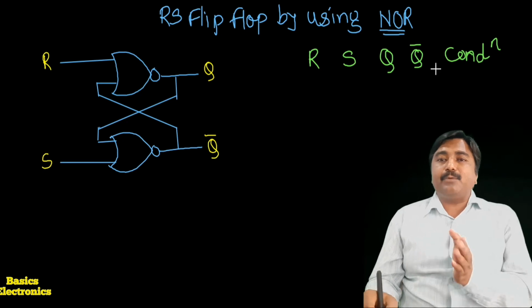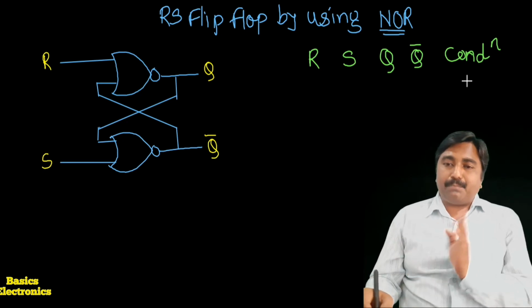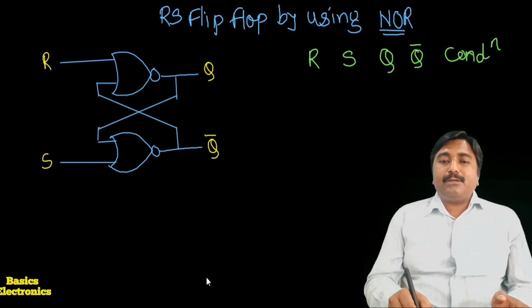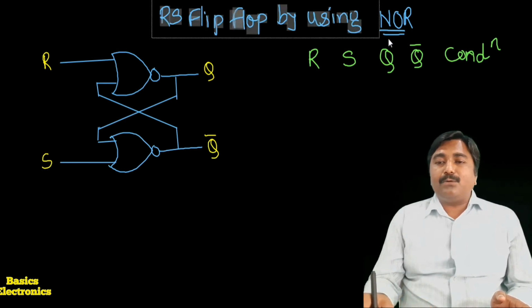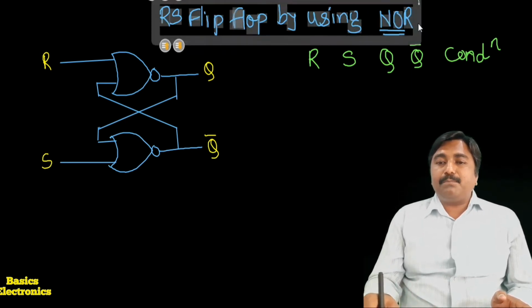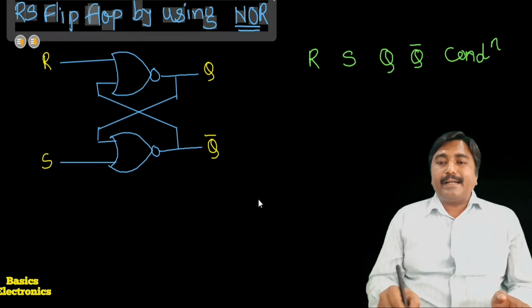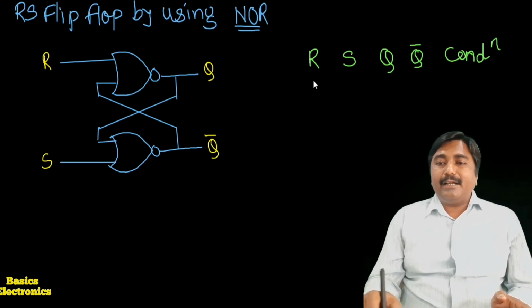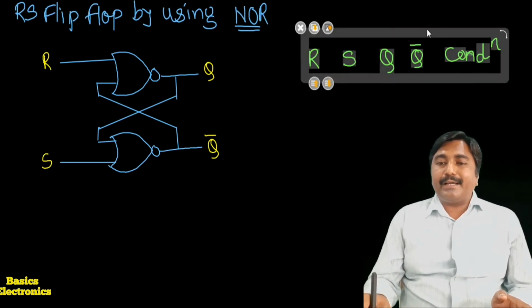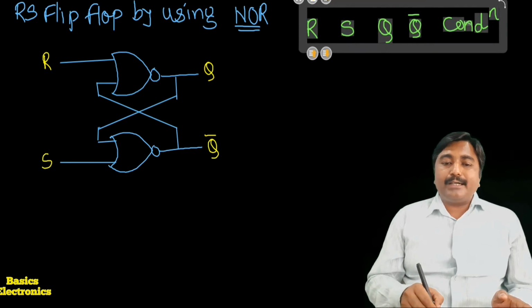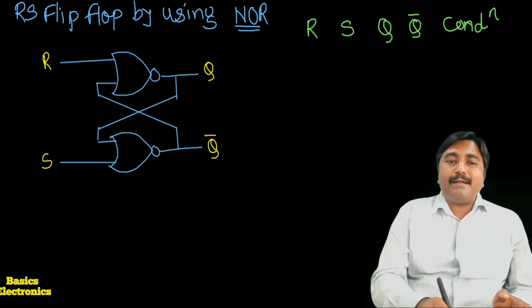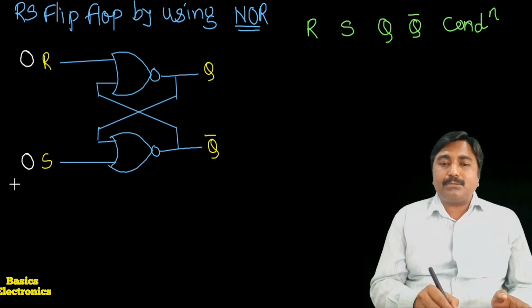Instead of condition you can also write the state of the flip-flop. Here the two inputs and the two outputs are there, and the inputs we apply are in sequence. So first we apply R equals 0 and S equals 0.